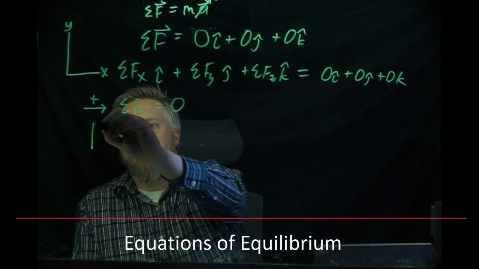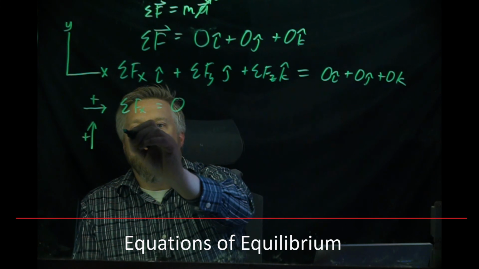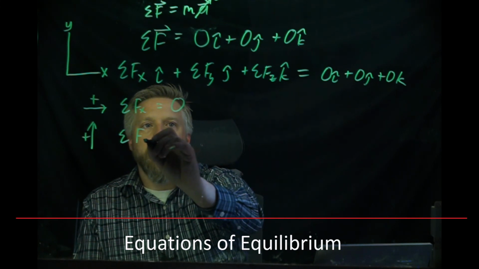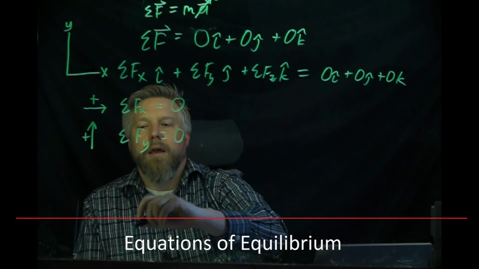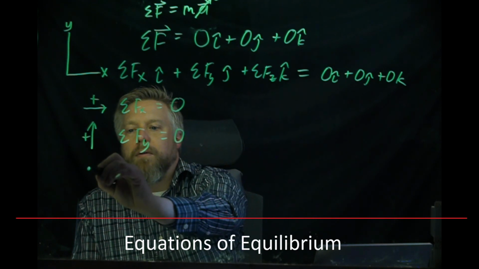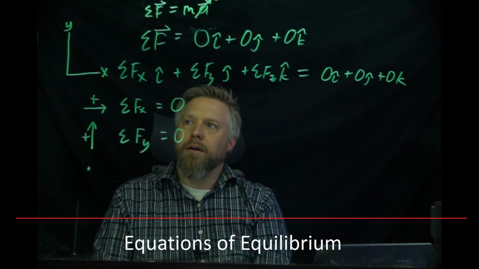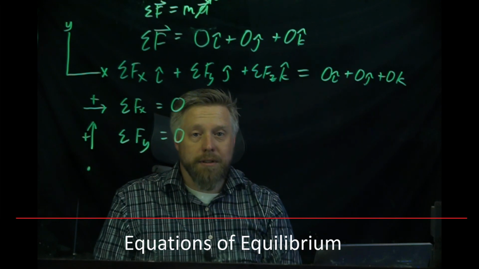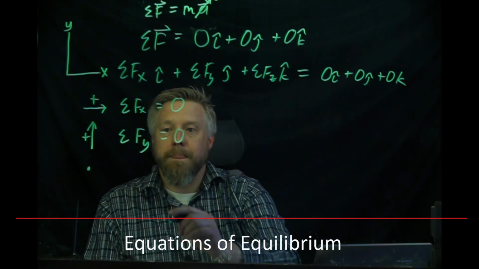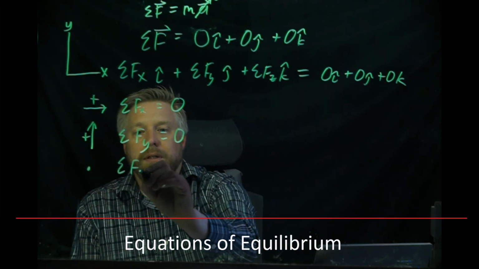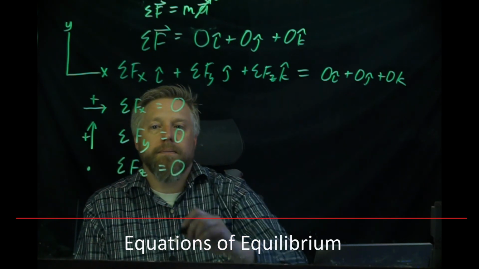In this direction, sum of the forces in the y equals 0. And then z, when we get to 3D, I'm just going to put a dot here. It'll depend on how you have your coordinate system, which directions you're drawing here. We'll have sum of the forces in the z are equal to 0.